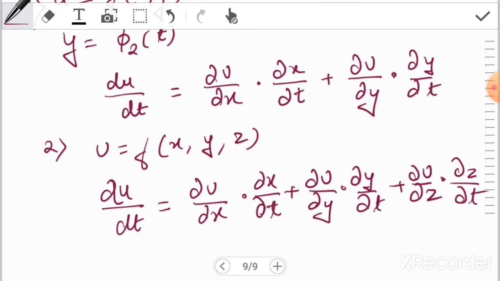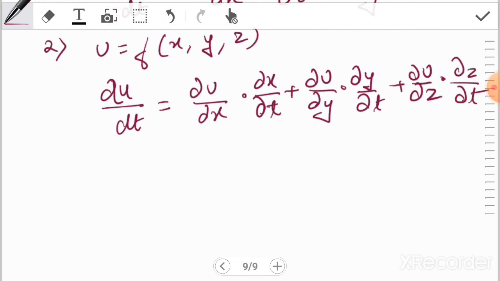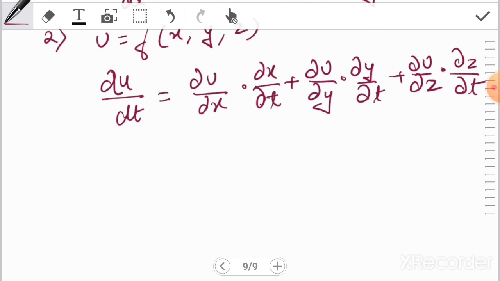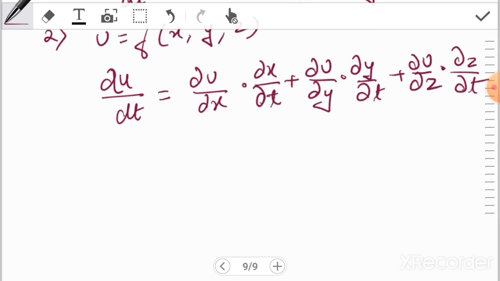Right? And this result can be extended to any number of variables. Fine.